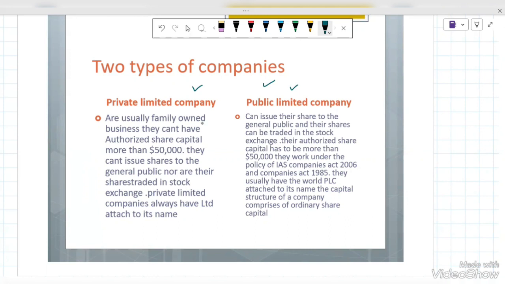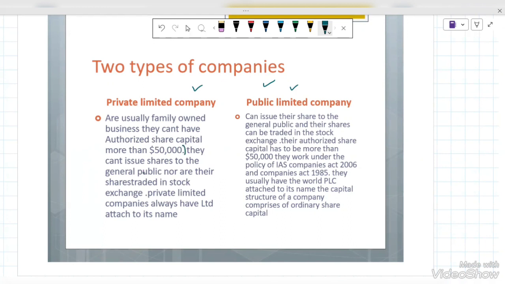Okay, so the private limited company is usually a family-owned business. You have seen a lot of businesses run by a family. If you are running a business, you can sell your shares to your cousins and family members, your uncles and aunts. These types of businesses are private limited companies, mainly owned by the family, and they can't have share capital of more than $50,000.